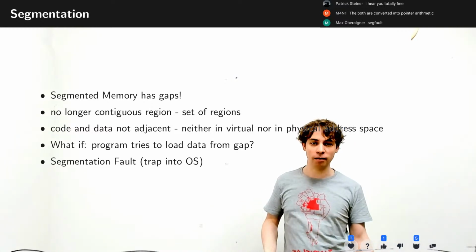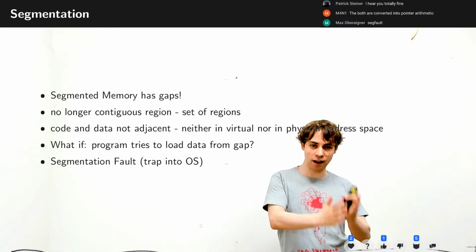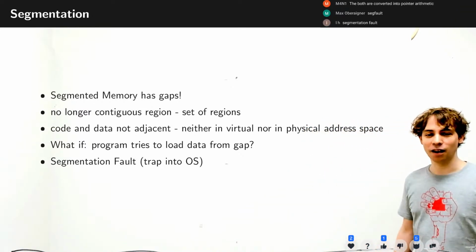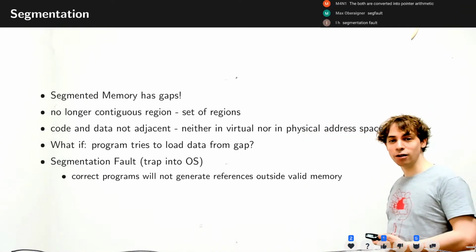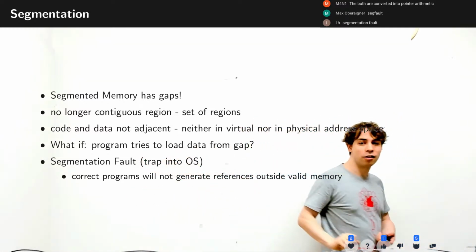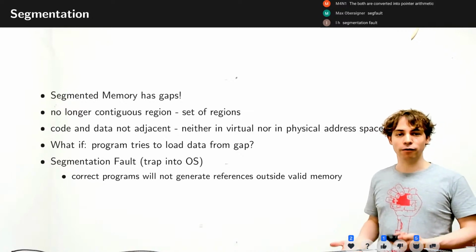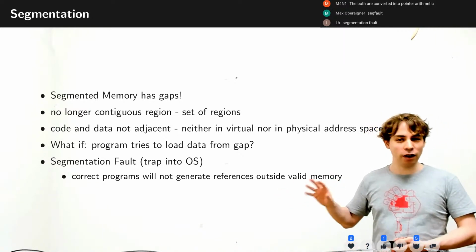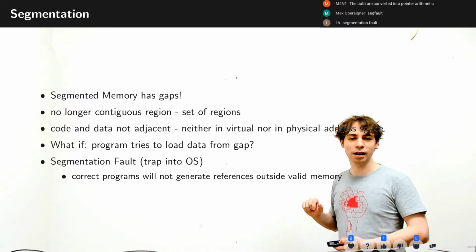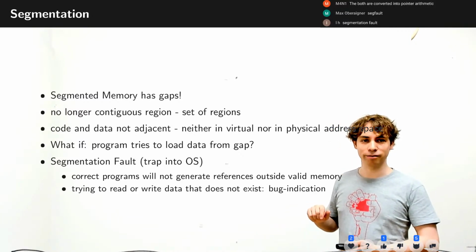And the operating system says no, it's between two segments and you are not allowed to access this. So this is where the name segmentation fault comes from. Correct programs will not usually generate references outside of valid memory, but there are some cases where this might still be reasonable, and we will talk about them in a second.